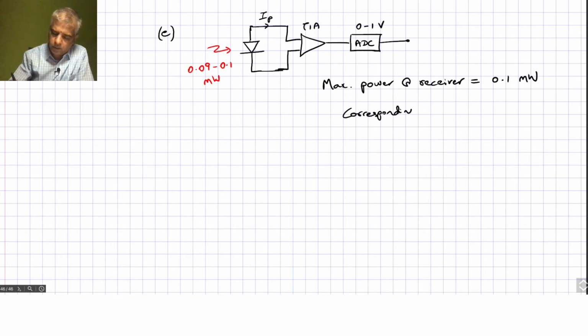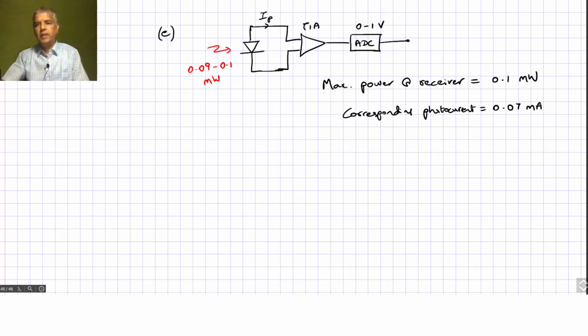The corresponding photocurrent is at a rate of 0.7 amp per watt. That's what we looked at in the previous section. So that corresponds to 0.07 milliamperes. And this photocurrent now needs to be converted to a voltage so that it fills the ADC.